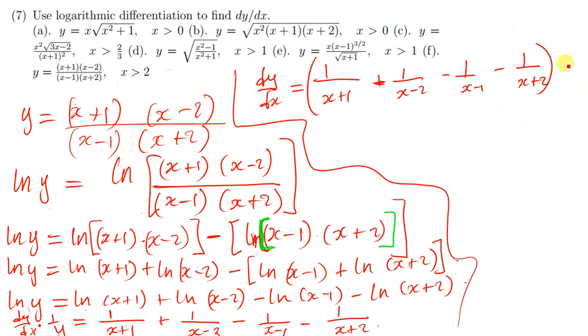Then we cross multiply, so meaning you put y this side. So you just have to replace the value of y there. You replace back that function for you to get the final solution for dy dx.